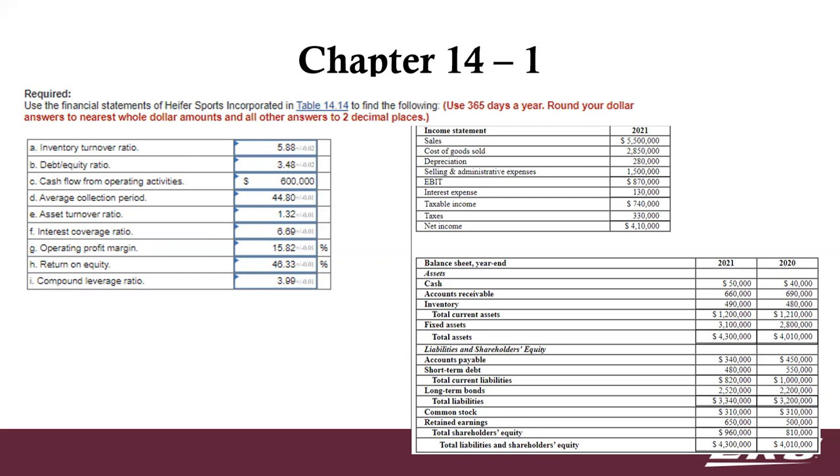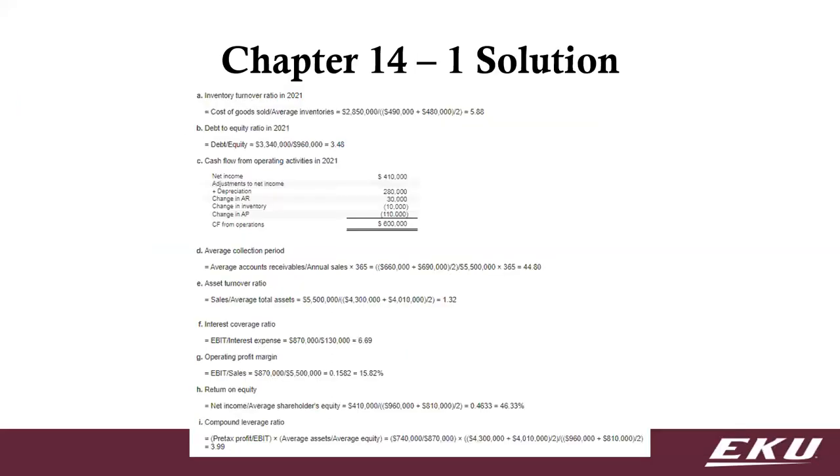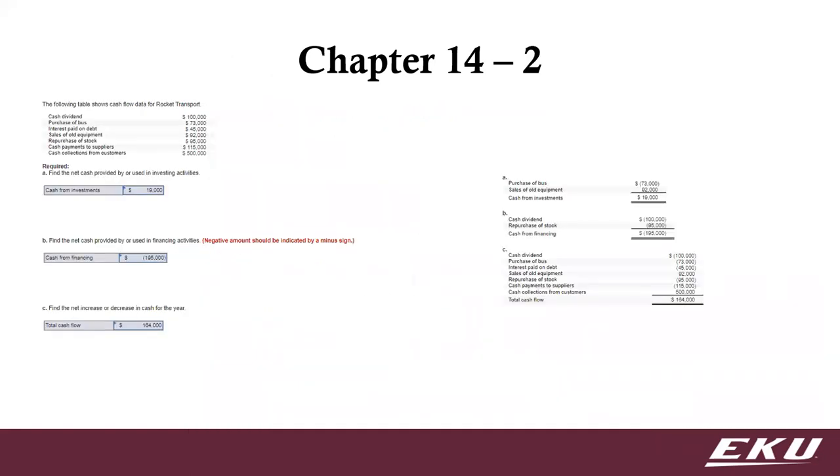Things like inventory turnover, debt to equity, all of those issues, these are just what those formulas are. Like I said, you've done these in a few of your other classes. So if you don't remember it right away, hopefully this brief refresher will bring it back for you.